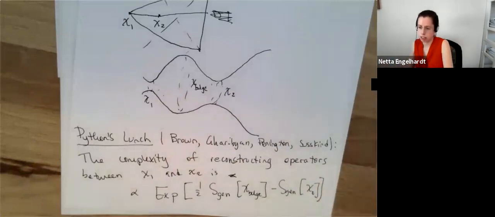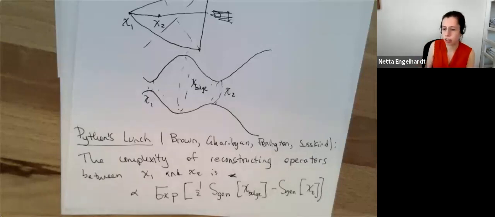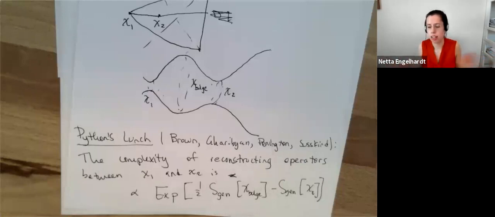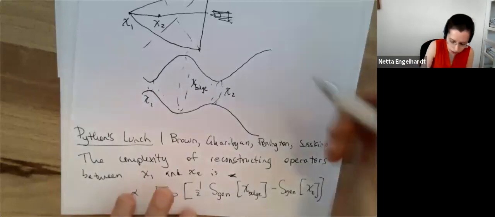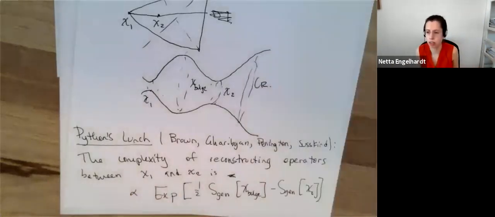But for those of you who are very attached to the causal wedge, might still say, well, okay, I agree with the Python's lunch proposal. I agree that it's exponentially hard to reconstruct everything behind chi2, but it doesn't tell me that it's not also exponentially hard to reconstruct everything between chi2 and the causal surface.